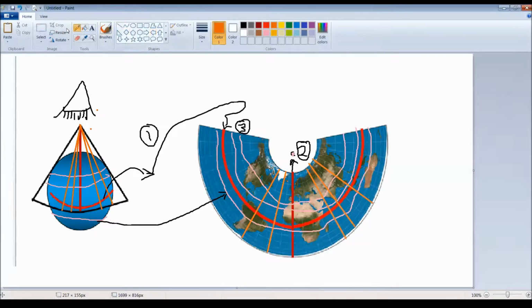So we talked about two other properties: how the principal meridian will look, and how the other meridians will look. One interesting thing here, you see the distortion. If the cone is tangent to the Earth at the equator, then the further you go up or the further you go down, there will be distortion.